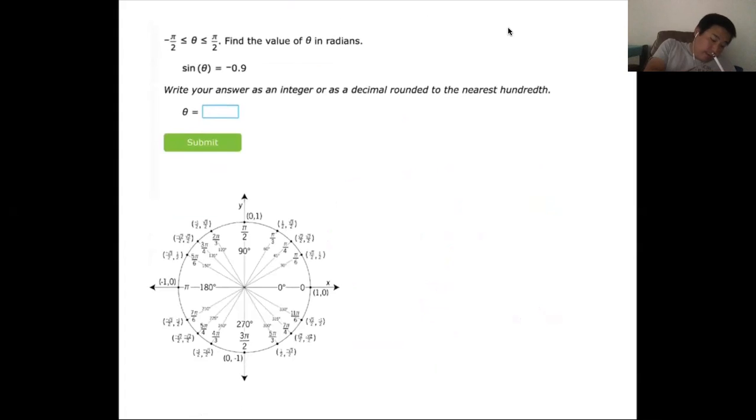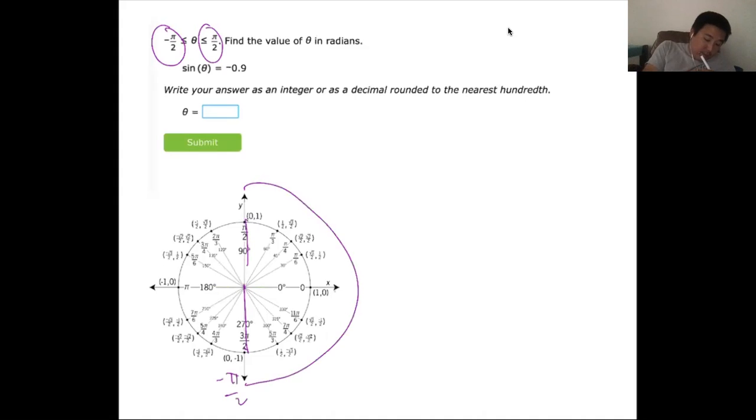Alright, so this one now, they have a different bound. They want between negative pi over 2 and pi over 2. So they want from here to here, this region, because this is negative pi over 2, and this is pi over 2. And they want sine of negative 0.9.